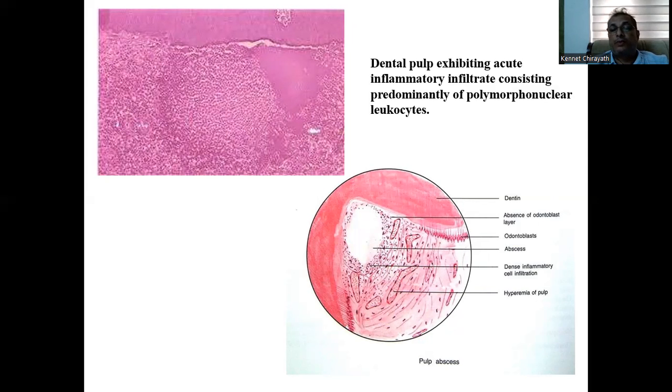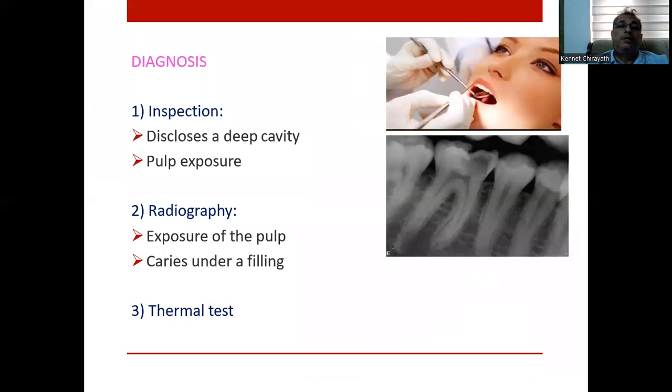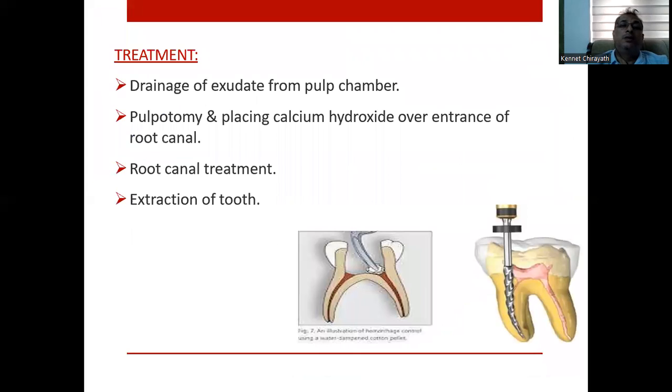Now comes the diagnosis: disclosure of deep cavities and pulp exposure, with a radiograph, exposure of the pulp, caries under a filling, and a thermal test. The treatment is drainage of the exudate from the pulp chamber, pulpotomy, and placing calcium hydroxide over the entrance of the root canal, followed by root canal treatment and/or extraction of the tooth.